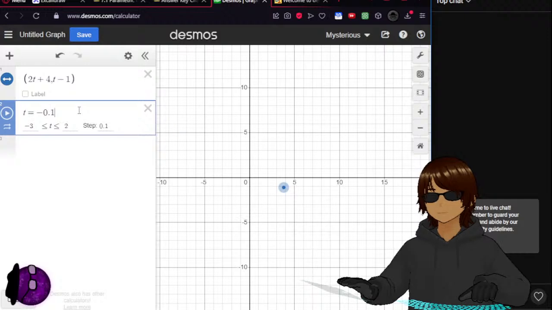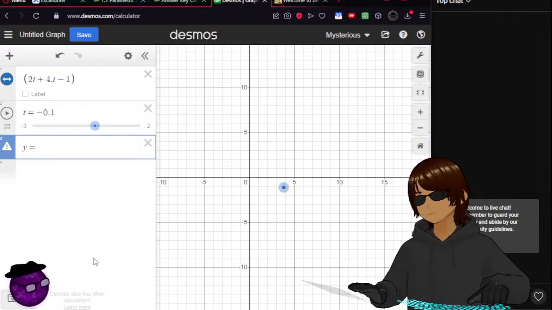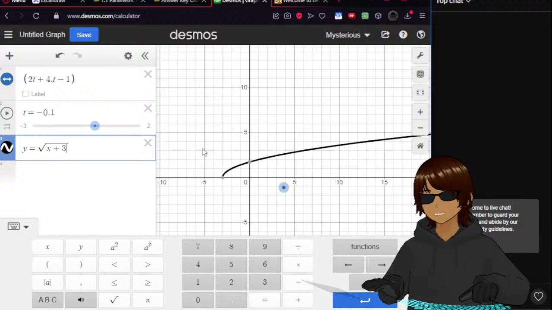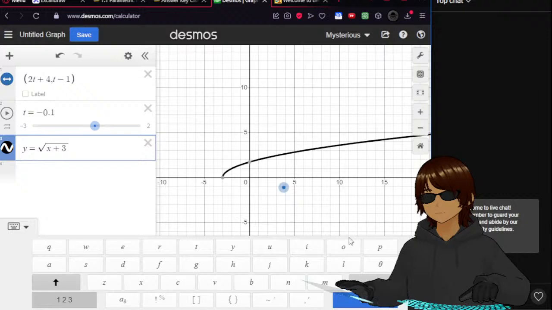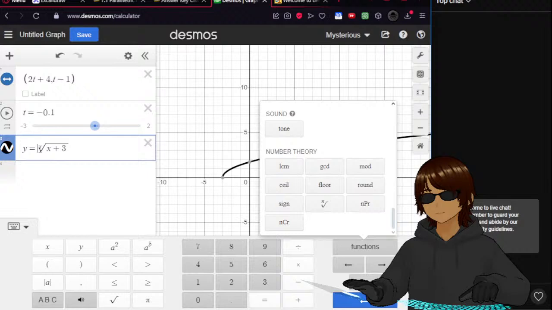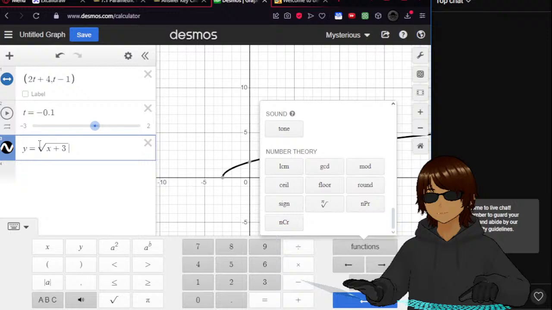Let's see what we get. Y is equal to plus or minus 2 times root x plus 3.